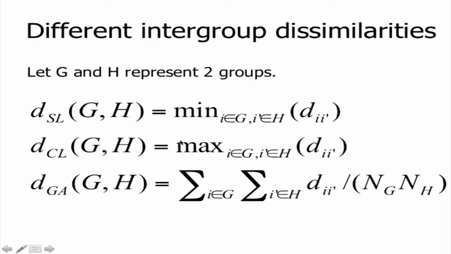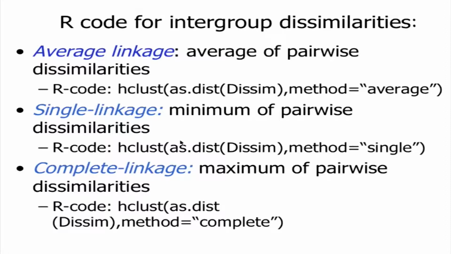When you want to use R to implement these approaches, you use the method argument in the hclust function. There's an R command called hclust that takes a dissimilarity measure as input, and then you say, I want average linkage, or for single linkage, you just use that type of code.